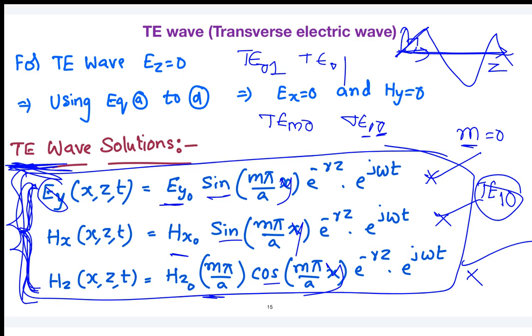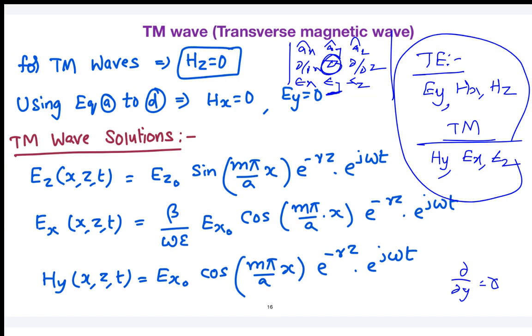So similarly, can you tell me what is the dominant mode for TM? TM also is the same thing, right? TM00 doesn't have any specific meaning, so the minimum value of M should be 1 only. But technically speaking, if you put M equal to 0, have a look at this equation. You are going to get one electric field and one magnetic field. Verify.